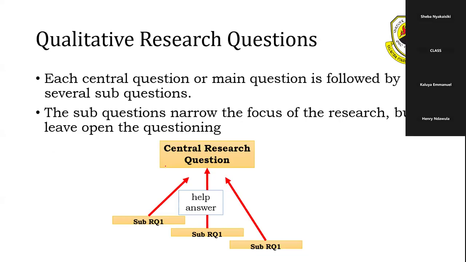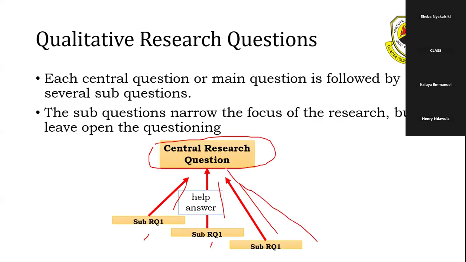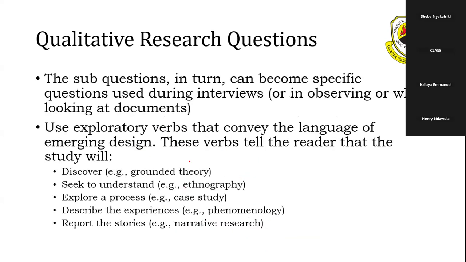The qualitative research questions usually have a central research question, which is subdivided into sub-questions. When you answer each of these questions, they help you answer the overall research problem. Again, the example we used in the recording from last week demonstrates this very well.